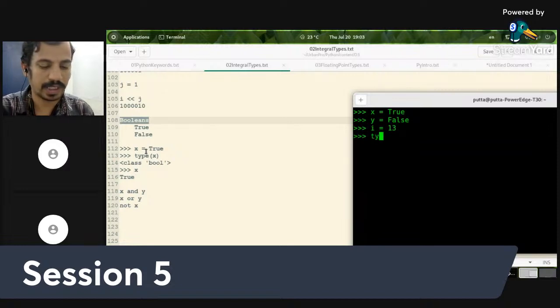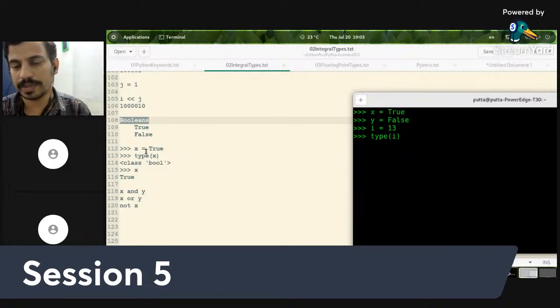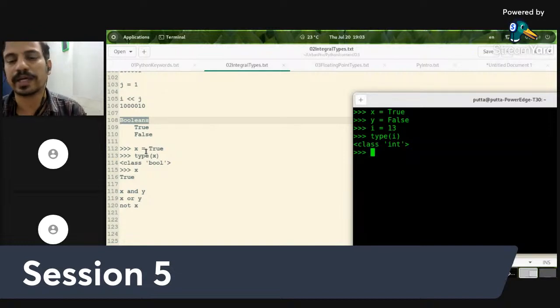So type of I is of which type? Can someone tell me? Integer type. Yeah. So do the same for x now. What is the type of x?